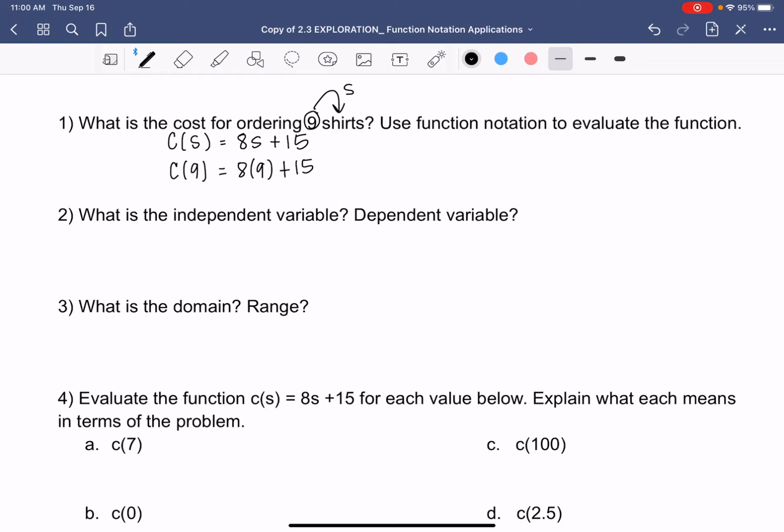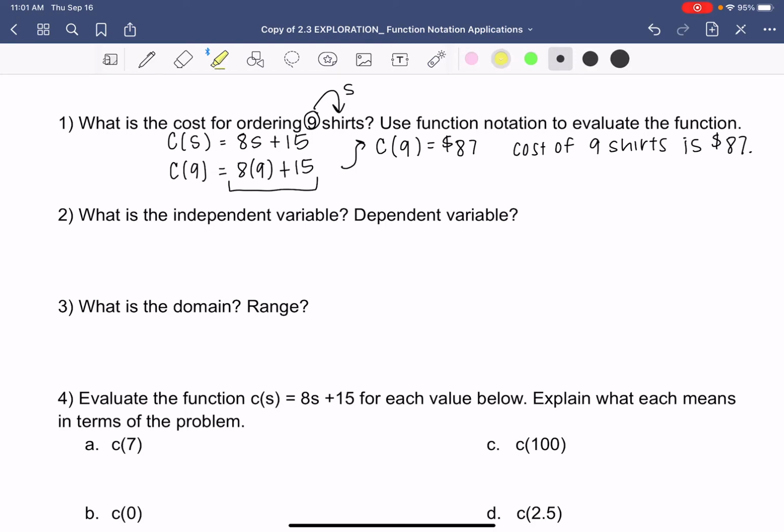When I plug in 8 times 9 plus 15, I get the cost of 9 shirts equals $87. And that's exactly what you would write down if you wanted to explain what this term of the problem means. So the cost of 9 shirts is $87.